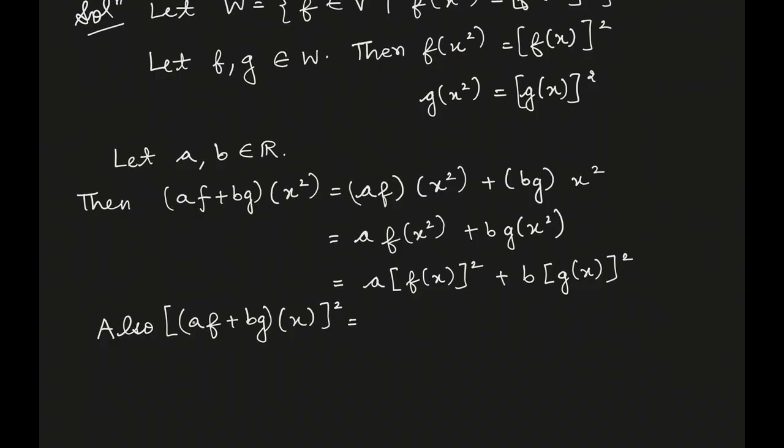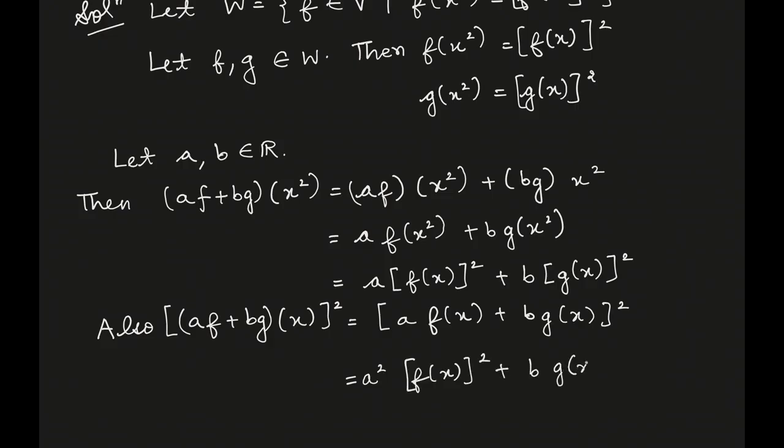That's why I am taking this also. So this will be (af(x) plus bg(x)) square. This will be a square f(x) square plus b square g(x) square plus 2ab f(x) g(x).